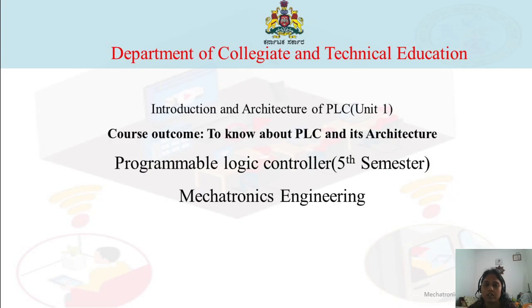So what are the advantages and disadvantages? In the relay logic, there is so much wiring. That is the main disadvantage of the relay logic control. But in case of PLC, there will be less wiring and even the scan time is very less compared to relay logic control.